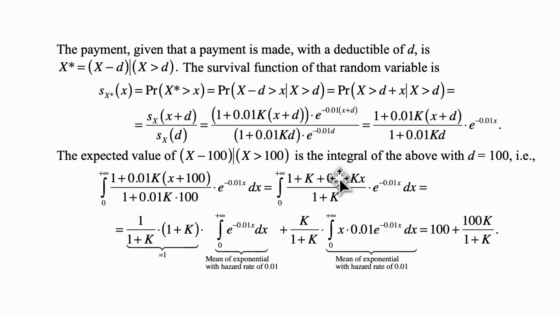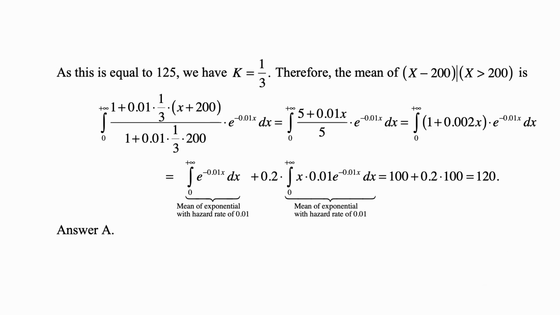And then here we have k over (1 plus k) times the integral from 0 to plus infinity of x times 0.01 e to the minus 0.01x dx. This is also the mean of an exponential random variable with hazard rate of 0.01, calculated the standard way. That mean, by the way, is 100. This is 100 and this is 100. So this becomes (100 plus 100k) over (1 plus k). As this is equal to 125, we conclude that k is 1/3.